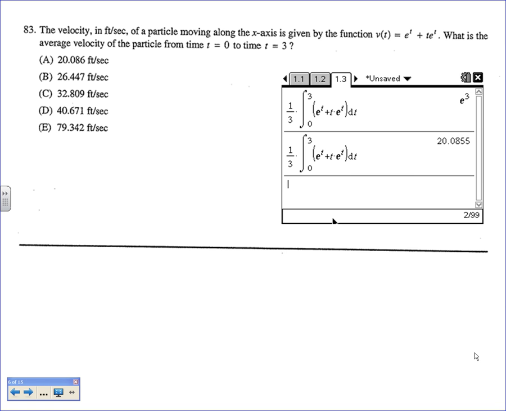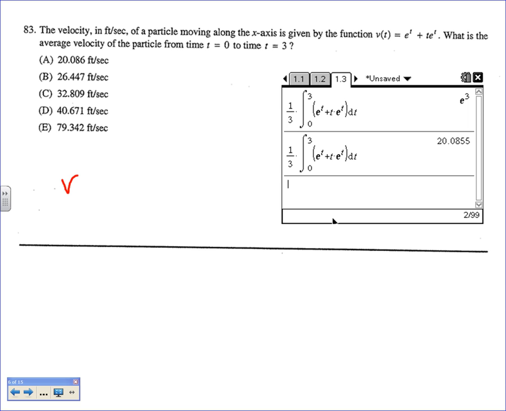On number 83, once again I did a little work on the calculator. We're given the velocity, or rate, at which the particle is moving, and we want to know the average velocity of the particle in that interval. So this is the average value function, right?